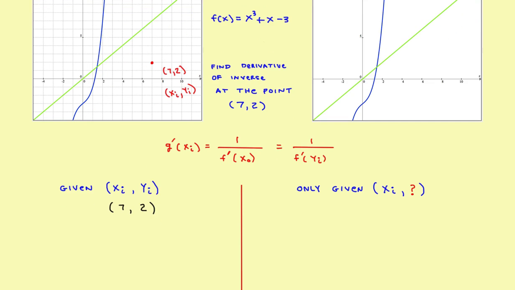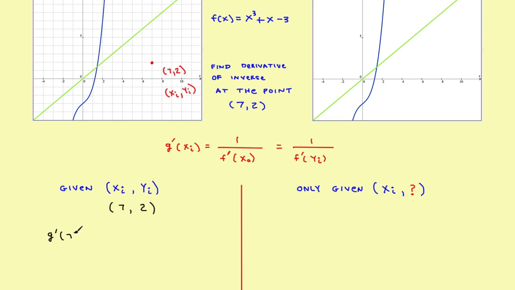So we'll scoot down and just look at what the formulas look like. I'm going to move it down just a little bit here. Now what the formula says is this, and we'll write it one more time. It says that the derivative of the inverse function at its value of x, which is 7, so I want to find the derivative when x is equal to 7.